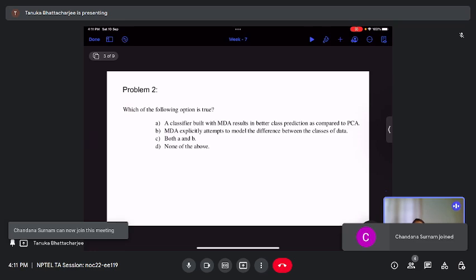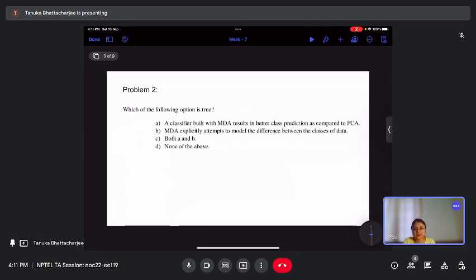So, when you go for classification, the classifier built with MDA will be able to better separate the classes or do better class prediction as compared to PCA, because PCA is not supervised, it does not have knowledge of the class, but MDA is devised in such a way that it can maintain or enhance the separability. So, when you use the classifier built with MDA, that can give you better class prediction than the PCA one. So, option A is correct.